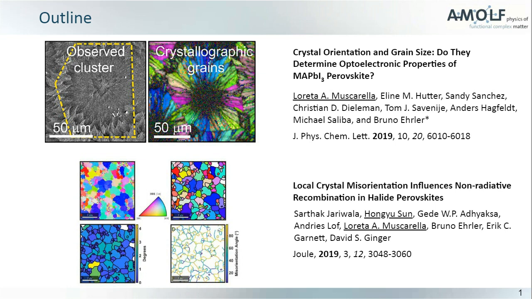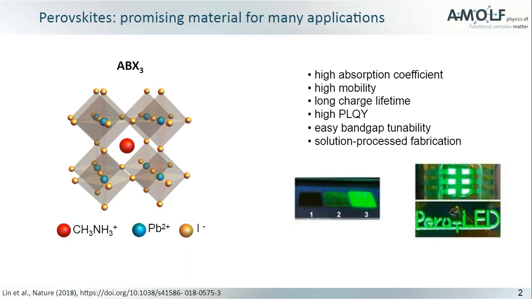So to start, I would just like to spend a few words on perovskite. Already Matt introduced a bit this very interesting and challenging class of materials. You can see here the crystal structure of a typical perovskite with the formula ABX3.